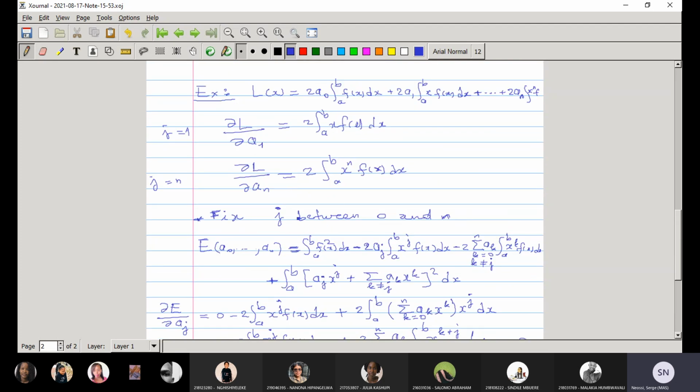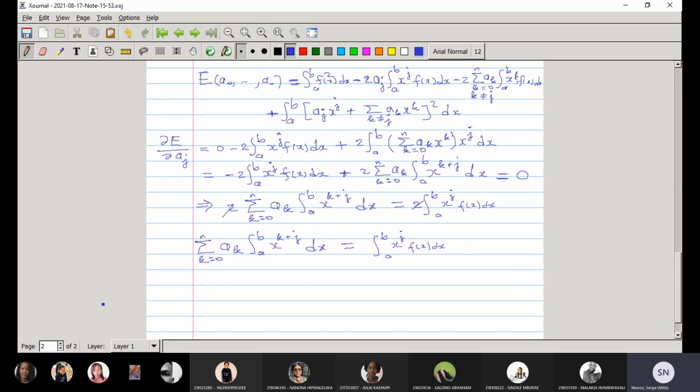So j is any arbitrary number between 0 and n. So this expression now is true for j. Since it's for an arbitrary j, I can say it's for j taking any value from 0, 1 up to n. So for each j, I have an equation. So in total, we have n plus 1 equations.